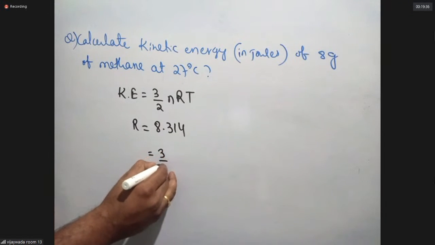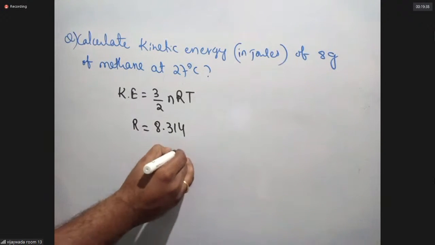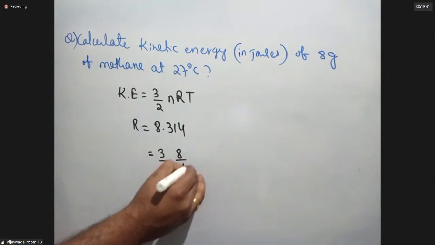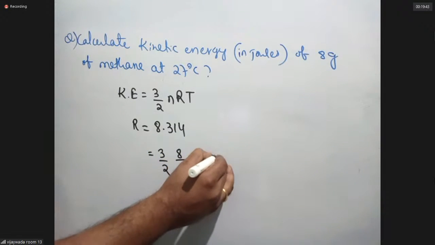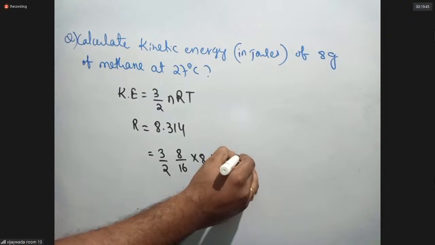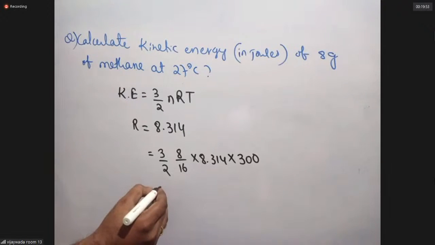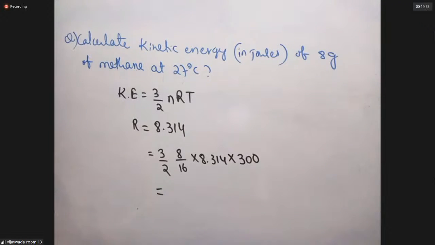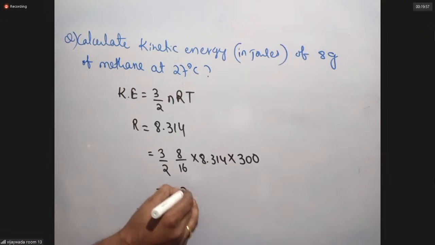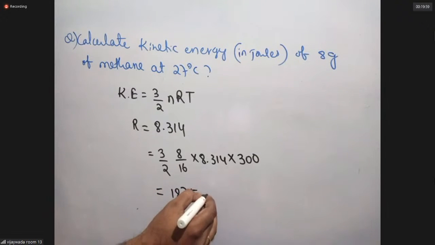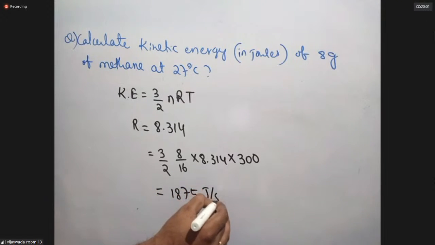3 by 2, n value 8 grams per 16, into 8.314. Temperature 27 degrees Celsius is 300 Kelvin. Okay, students, if you solve this, you will get 1875 joules.